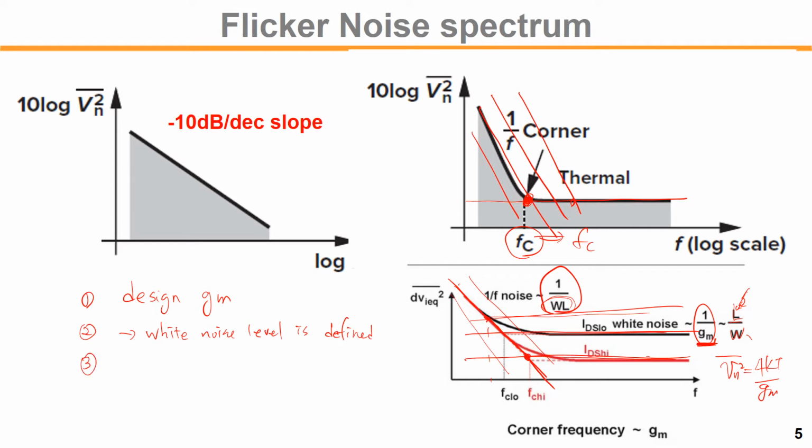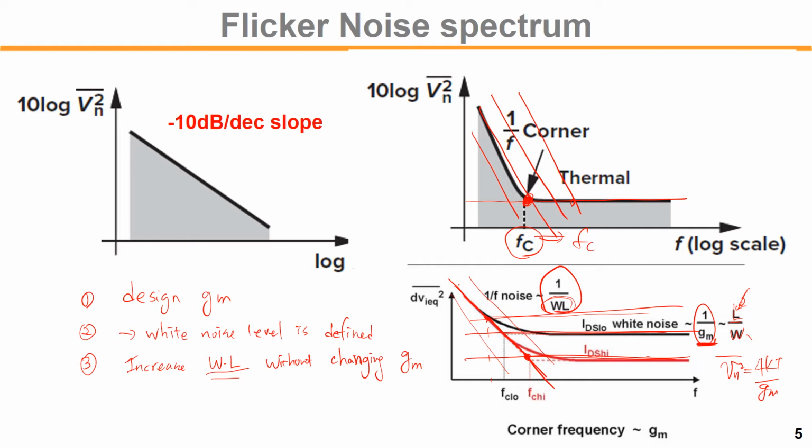Third, once the desired white noise level is determined, then increase W times L without changing GM.